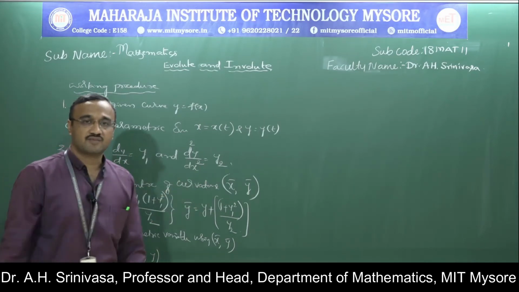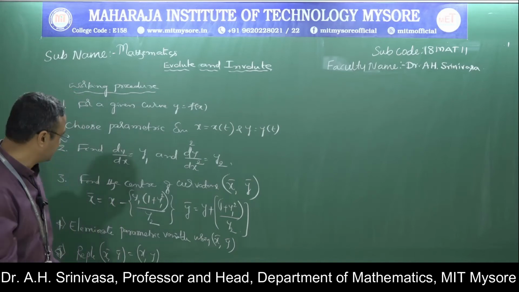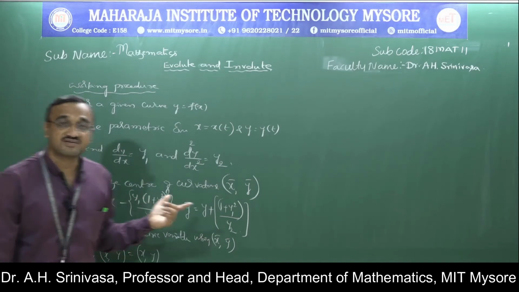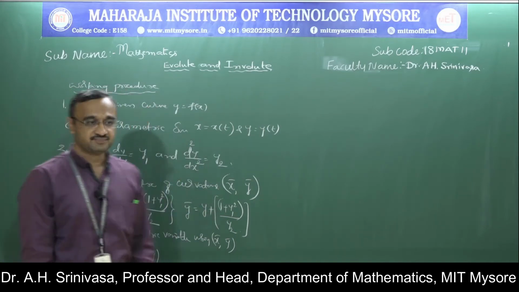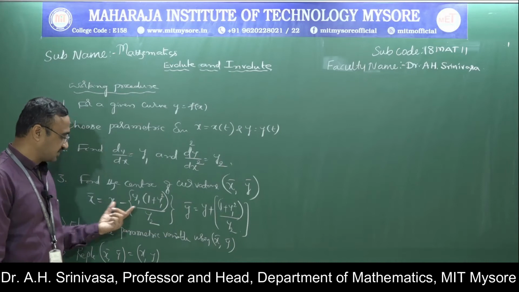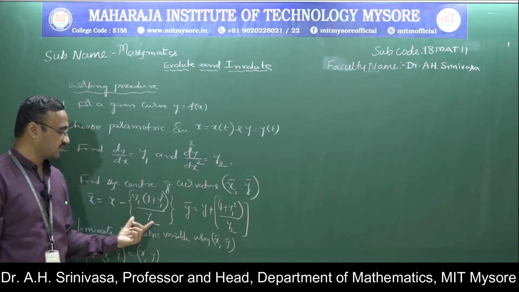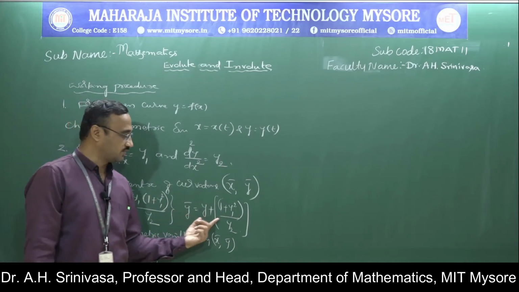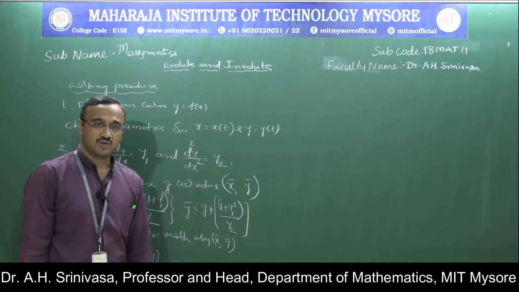In the third step, you have to find the center of curvature. This is the formula we use: x bar is x minus y1 into 1 plus y1 square by y2, then y bar equal to y plus 1 plus y1 square by y2.